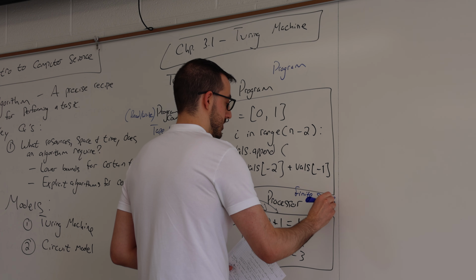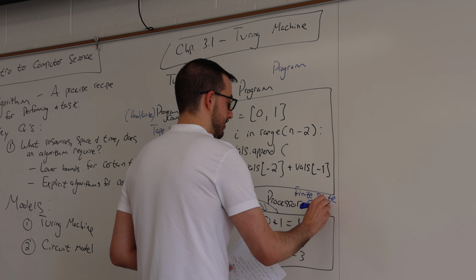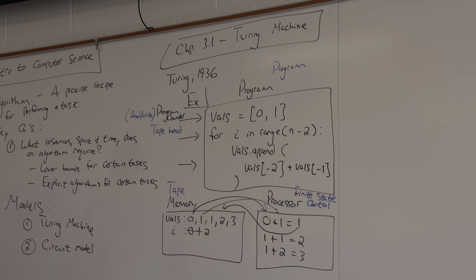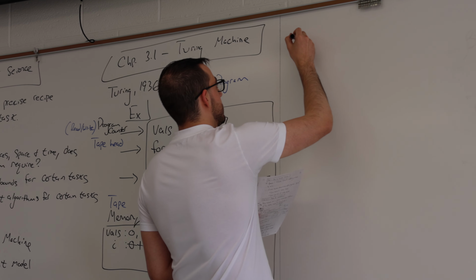Finite state control. Okay? So these are the terms that you see in the Turing model, but now you know what they map onto. And let's define the Turing machine using this language and say a little bit more about what each component does.